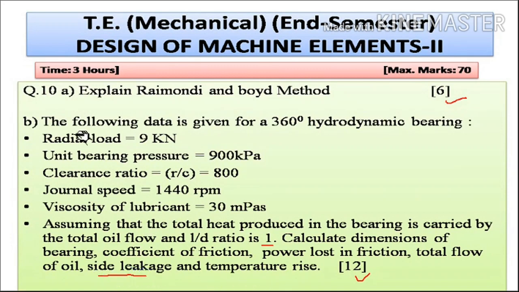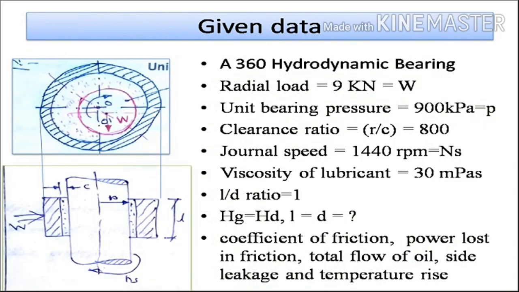So let us see this given data for a 360 degree hydrodynamic bearing. This is the journal of this bearing, and this is the bearing. The radial load acting on this bearing is 9 kN, that is 9000 Newton. Then the unit bearing pressure means what is the pressure that will be created here between the journal and the bearing, that is 900 kilopascal.